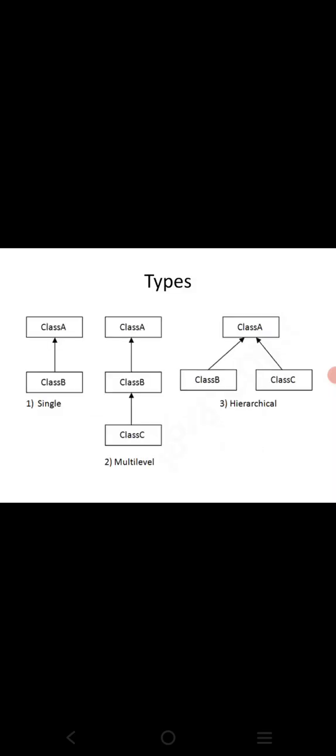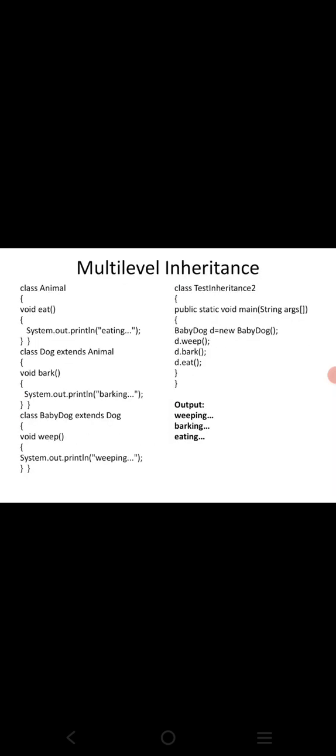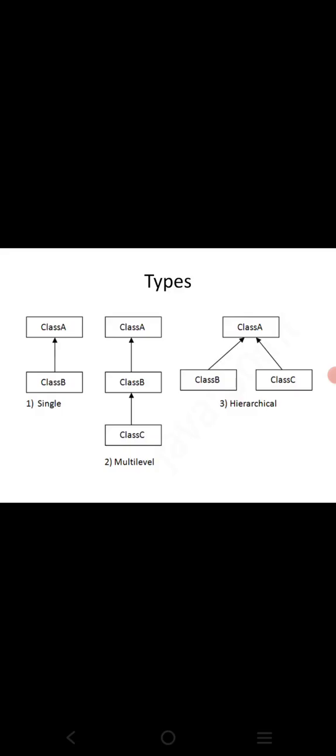Next is hierarchical inheritance. For hierarchical inheritance, more than one class can be derived from the same parent class. Here is the example. From the class animal, we have derived the class dog and also cat. Now I have to create objects for both the classes dog and cat. Let's see this diagram.